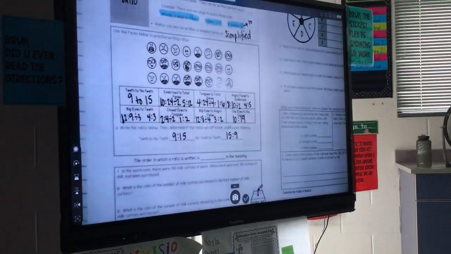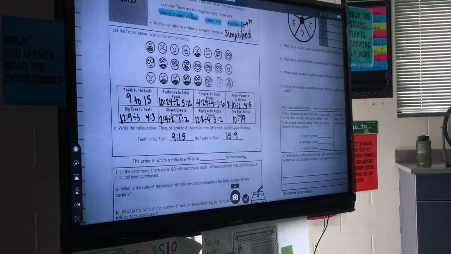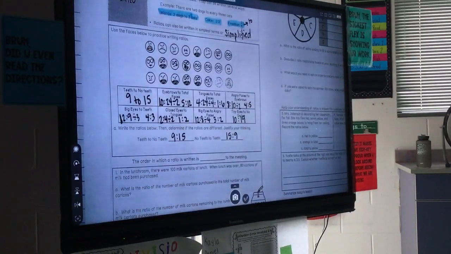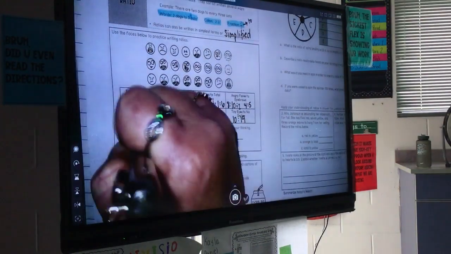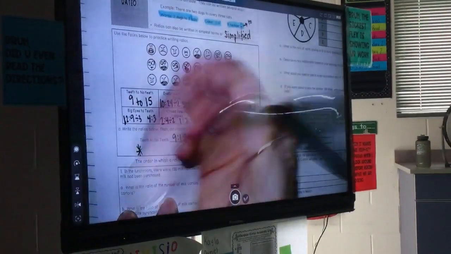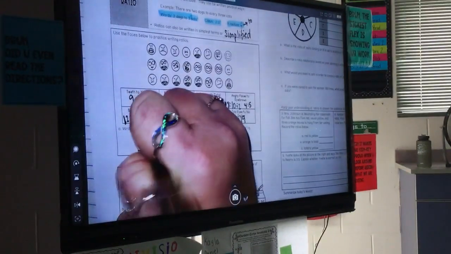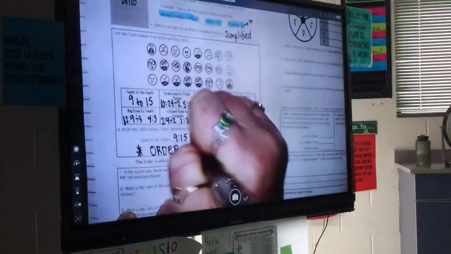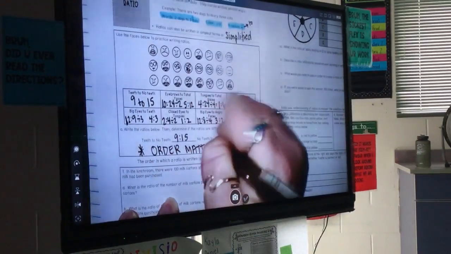Are those the same ratio? Are they the same ratio? They are not. So that is not the same. And I want you to put down here, which you're going to rewrite essentially, but I want you to write order matters.